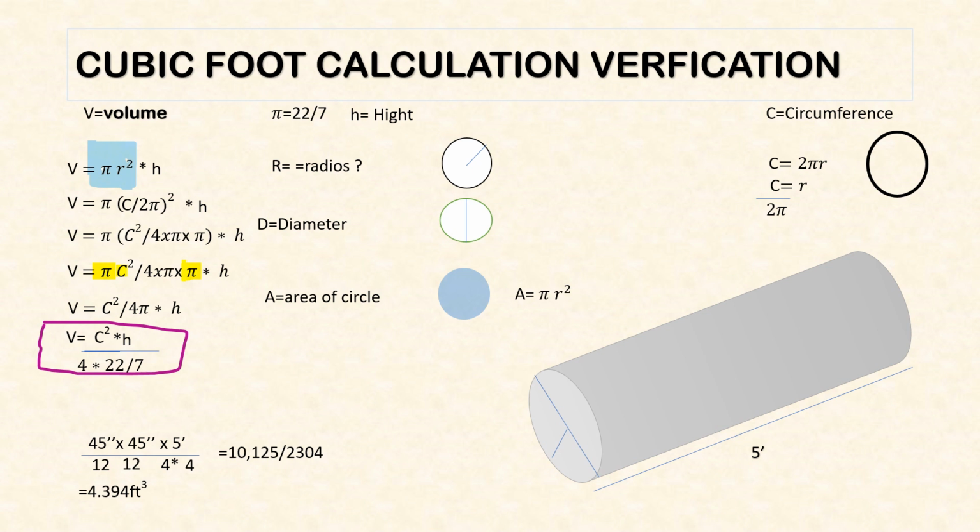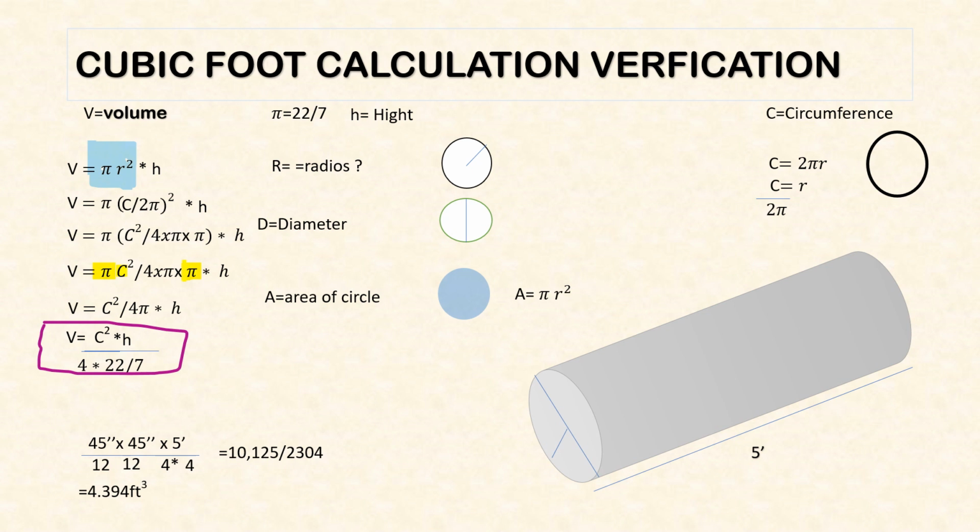So you will end up with the same formula, the same figures that we have discussed in the first slide. 45 divided by 12, that is you have to convert the inch into feet.